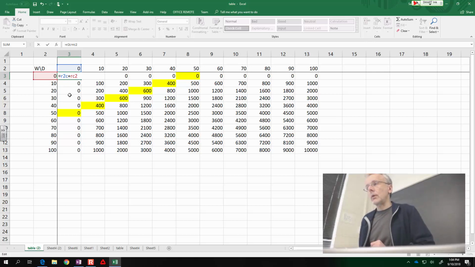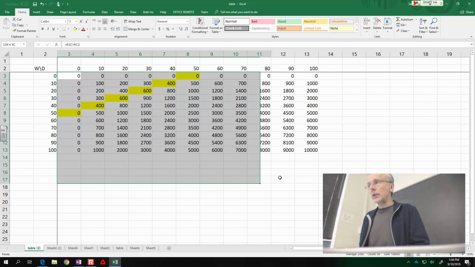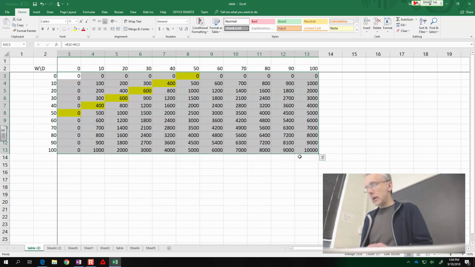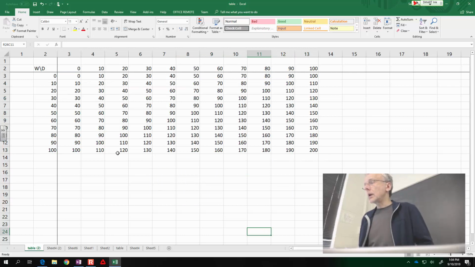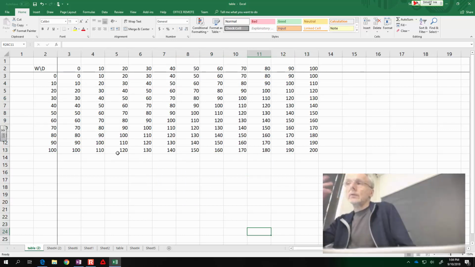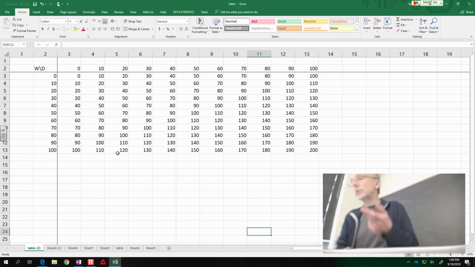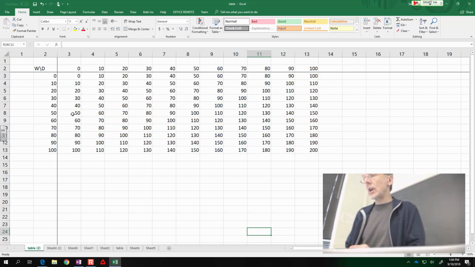Once again, the d value plus w value. If it's 0, 0, then of course they add up to 0, but you can also see what we saw previously: whichever add up to 50.